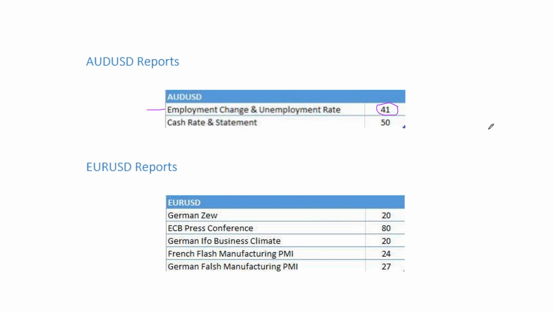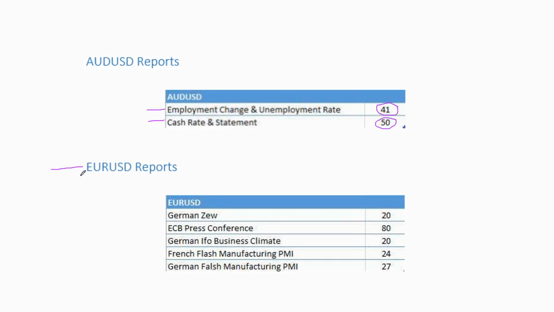Now remember, this is within 15 minutes. The Aussie cash rate statement, 50 pips. Again, that is on a 15-minute bar measured from high to low, based on the data that I have gathered over the last 5 years.